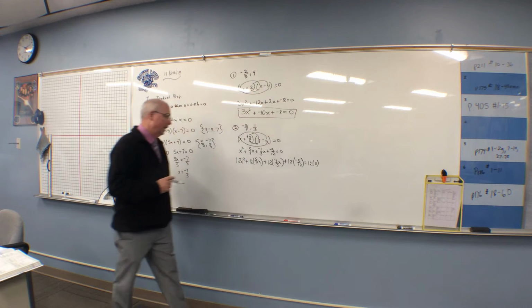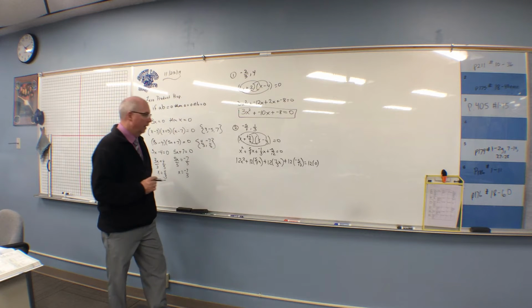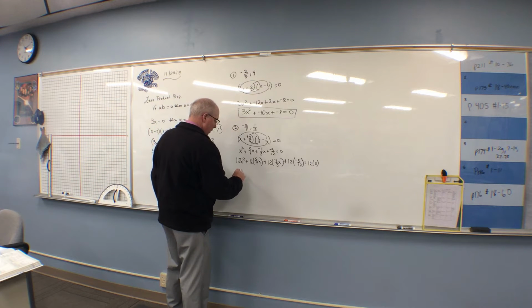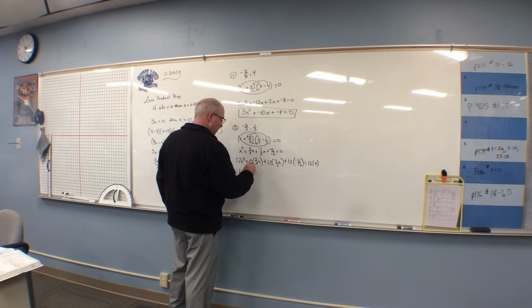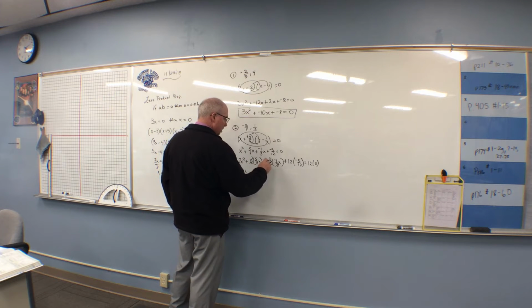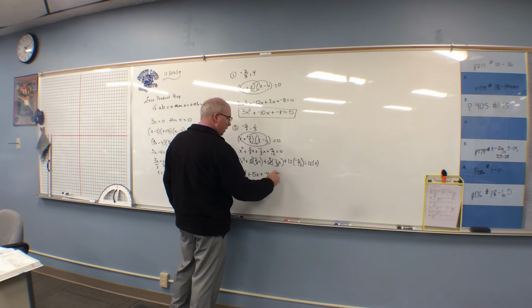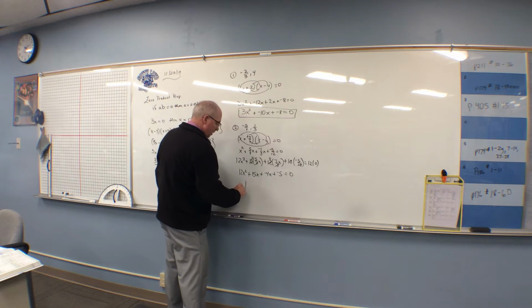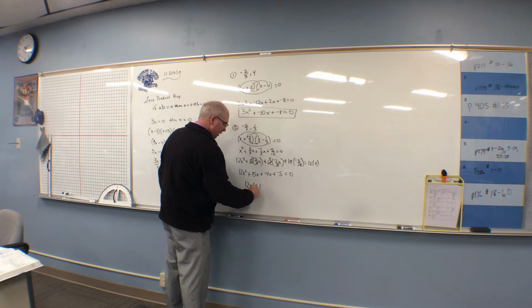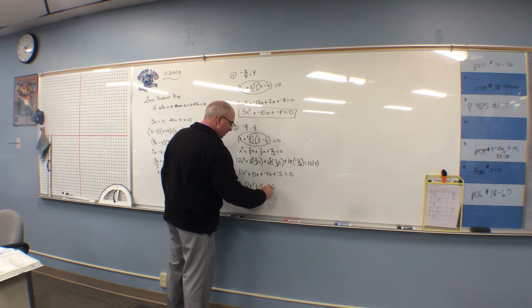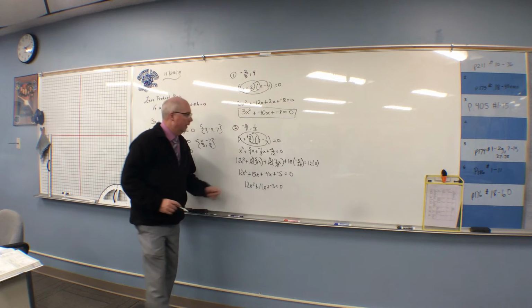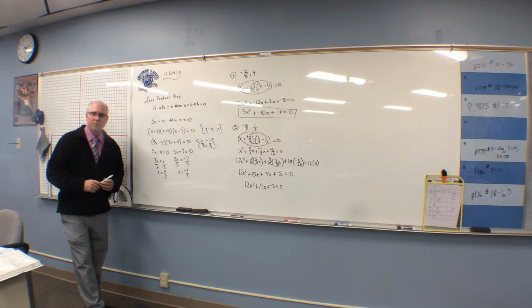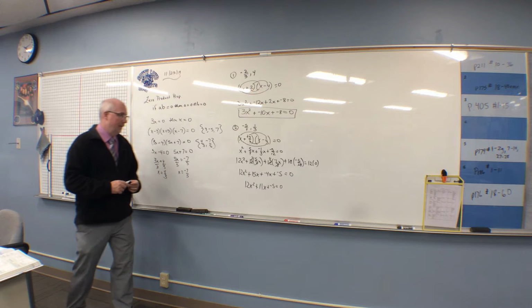So I've taken 12 times everything. What happens then, I get 12x squared plus 15x plus negative 4x plus negative 5 equals 0. So I get 12x squared plus 11x plus negative 5 equals 0. I don't know if you like that method better. That's up to you.